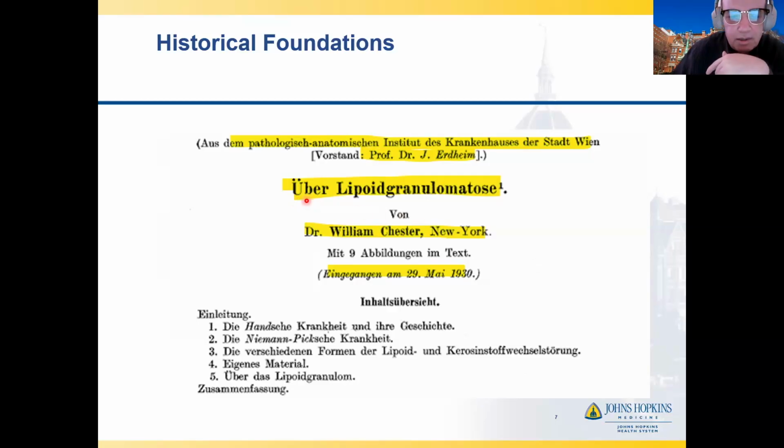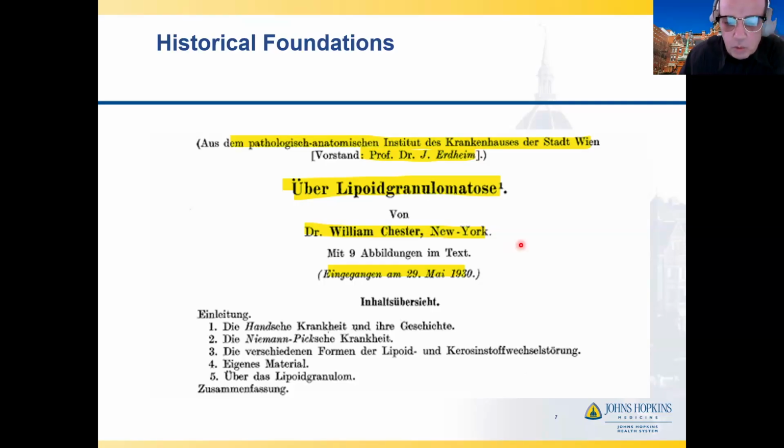He called it, this is in German, and I don't read German, lipoid granulomatosis, which is the old name for ECD. And this is about lipoid granulomatosis. He is the first person to describe these lipoid granulomatosis.